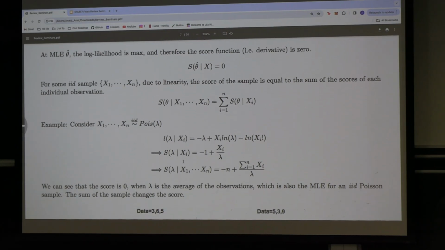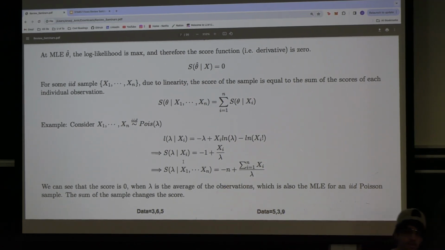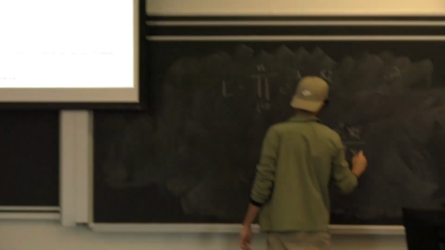Cool. Additionally, we know that the MLE score is supposed to be 0. So what value of lambda actually gives you a 0 over here? Well, it's the average, right? So minus n plus summation xi over summation xi over n.